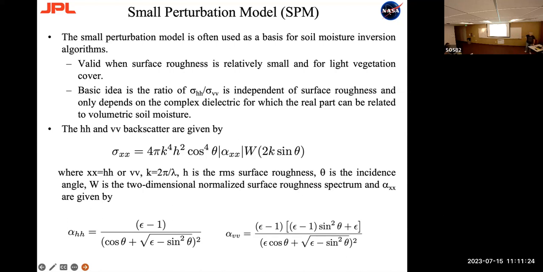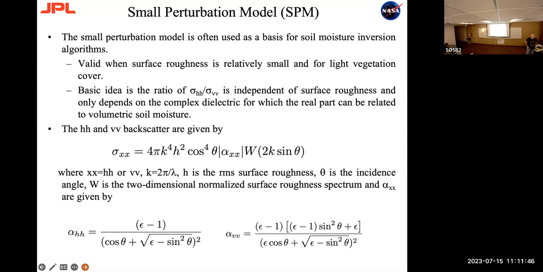Any other questions? Yes, way in the back. In the case of vegetation, do the same polarizations reflect structure and moisture, for example, or is it different? So the question is, suppose you're measuring moist vegetation.